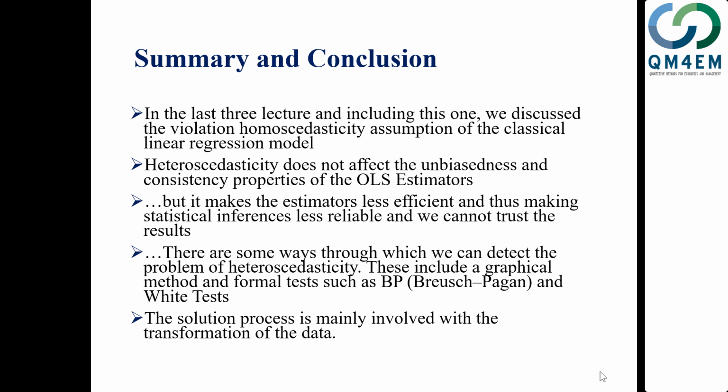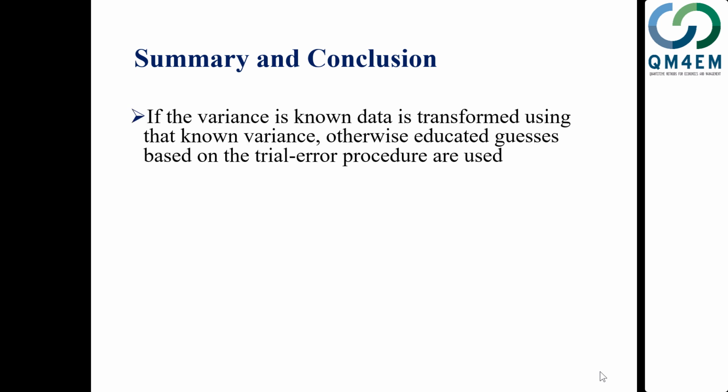Then we discussed the solution process that mainly involves transformation of the data to solve the problem of heteroscedasticity. These transformations were of two types. The first was when the variance was known, so the data was transformed through that known variance.